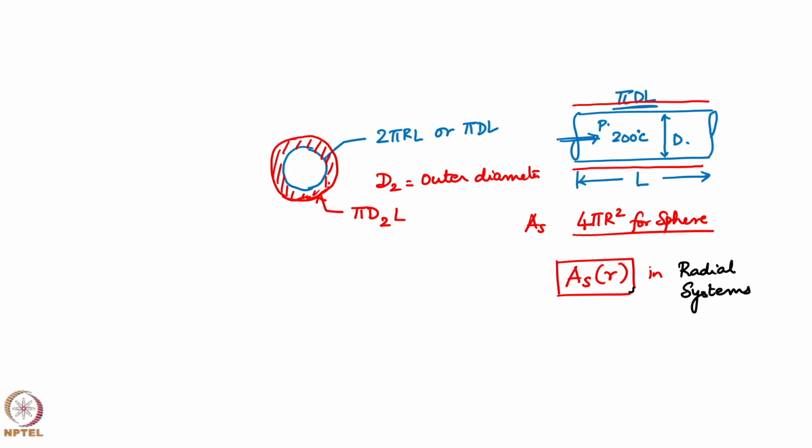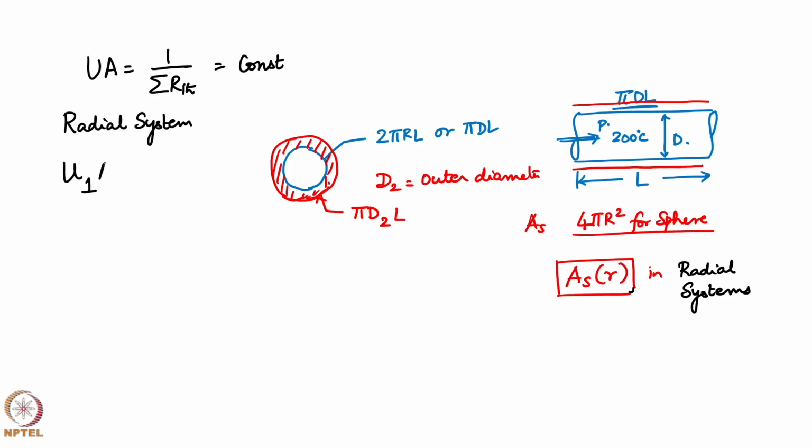But if this is the case, then if I want to define UA, so we said UA is 1 over summation of R thermal, which is a constant. Radial systems, what will I write? Inner, if I base it on the inner area, U would be U1.